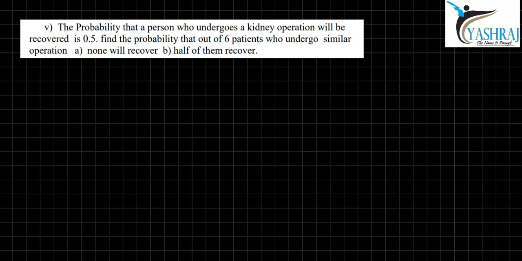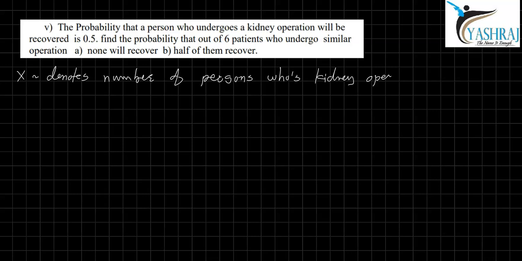That means here x is a random variable that denotes the number of persons whose kidney operation is recovered.